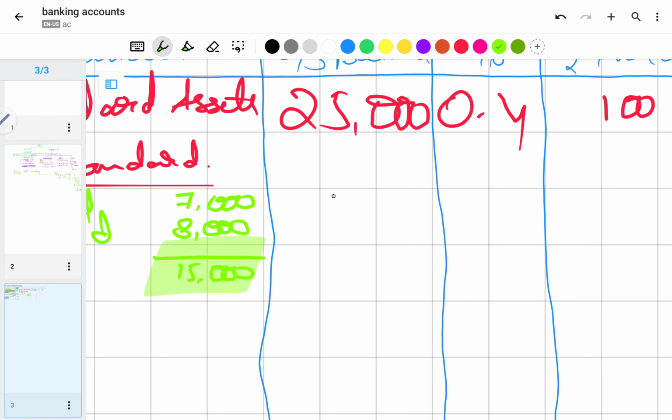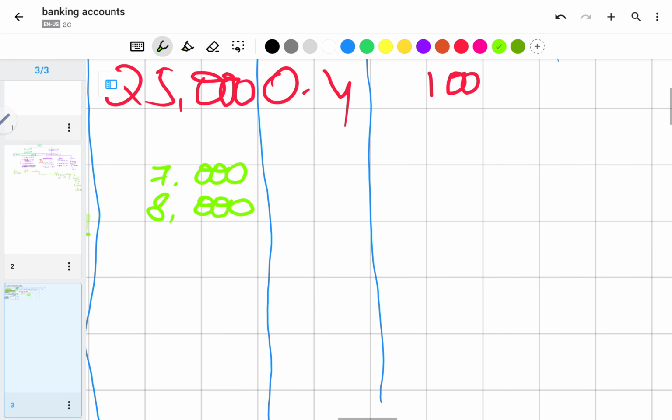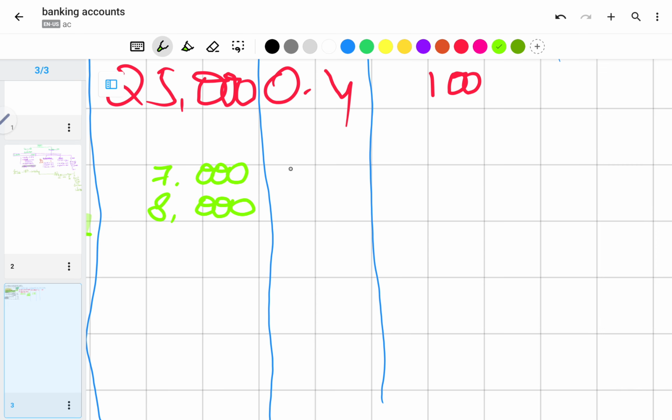The same I'm going to write over here. 7,000 lakhs is the secured portion, 8,000 lakhs is the unsecured portion. Secured portion is charged at 15%. Unsecured portion is charged at 25 percentage.